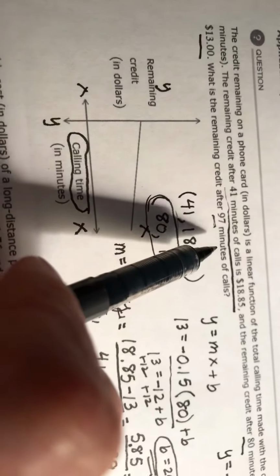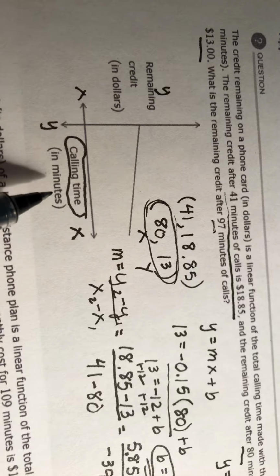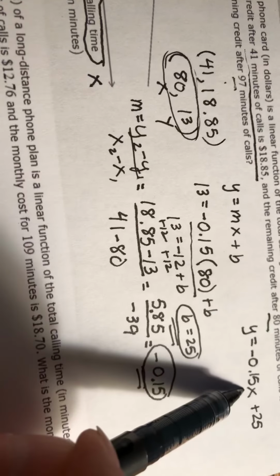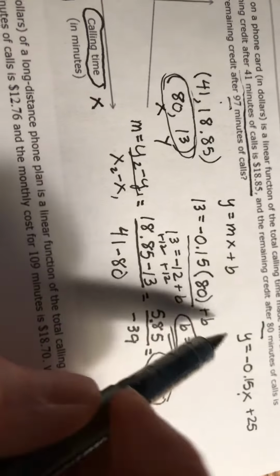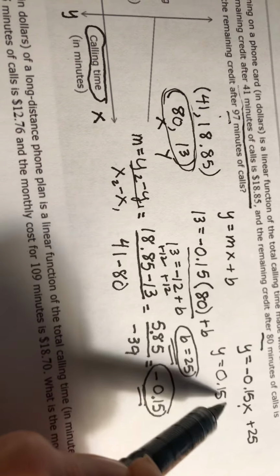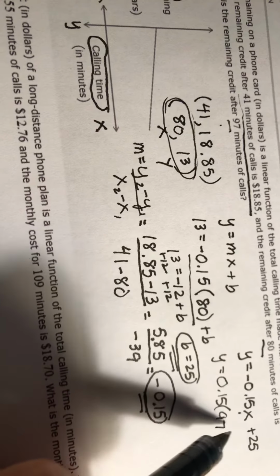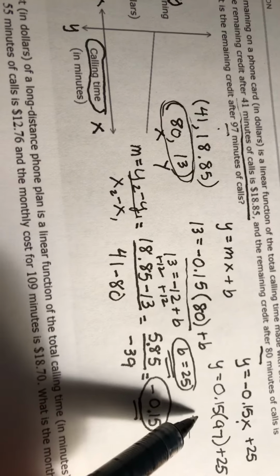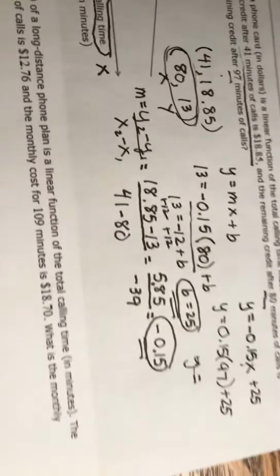So again, minutes is an x value. So we're going to put the 97 in here. We get y equals negative 0.15 times 97 plus 25. I'm going to just put the whole thing in my calculator.